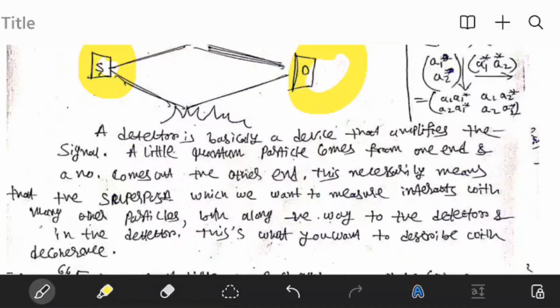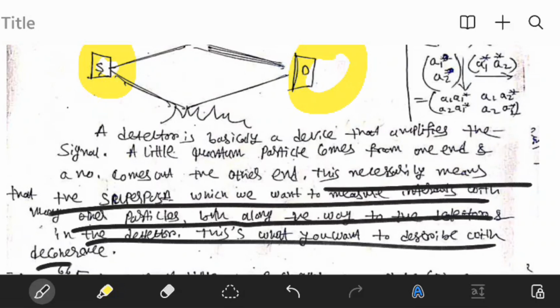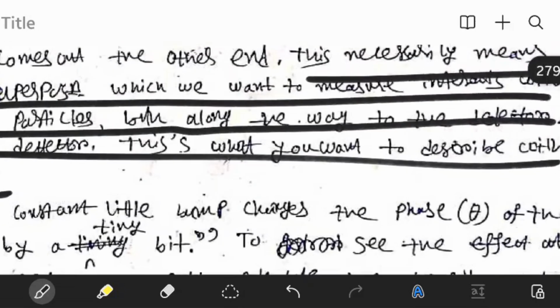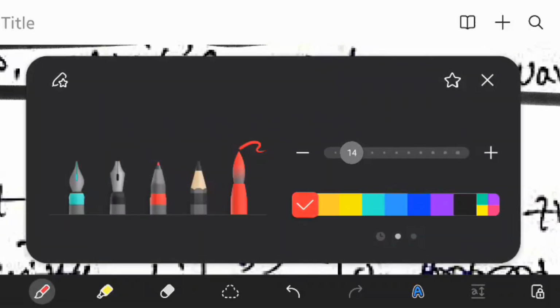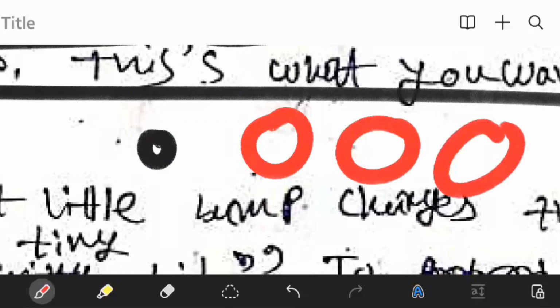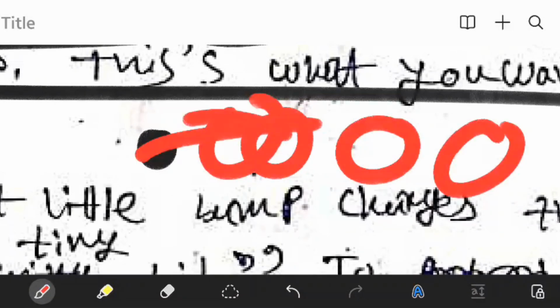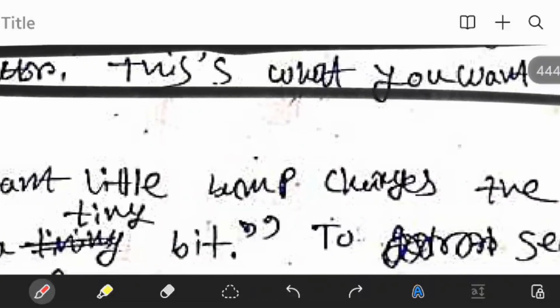So now when a particle travels to the detector, it is bound to interact with many other particles on its way. So let's say it is our particle, and it will interact with many other particles like air molecules, etc., on its way up to the detector.